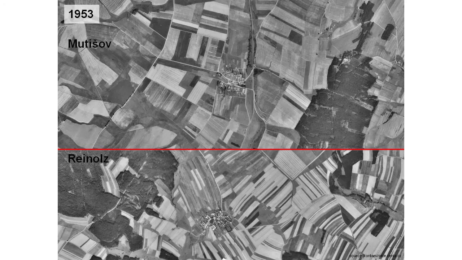Here you can see the difference between the Austrian village Reinthal and Mutišov on the Czech side, how in just a few years the field pattern completely changed shape, because of these historical consequences.